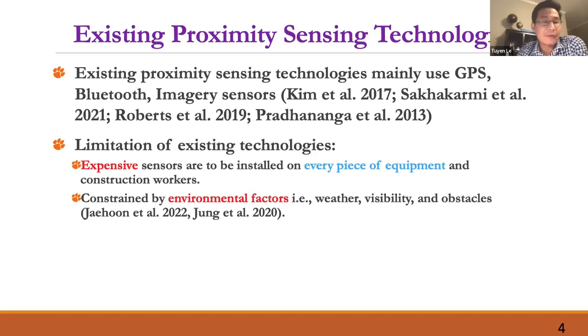You have to ask them to install those sensors on their equipment. Some subcontractors are small companies and cannot afford those expensive sensors, so it's less applicable in the real world.